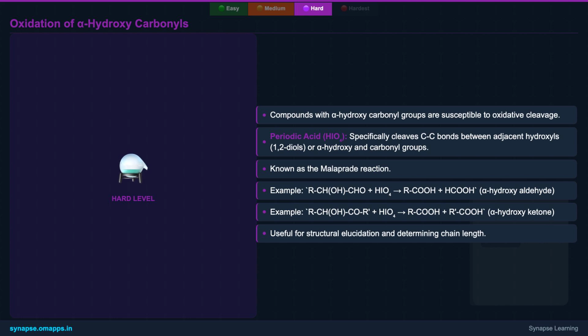This reaction, known as the Malaprade reaction, is incredibly useful for breaking down and analyzing the structure of complex organic molecules such as carbohydrates or their derivatives. It helps us determine chain lengths and functional group arrangements by producing smaller, identifiable fragments. This level of specificity is crucial in advanced organic chemistry.